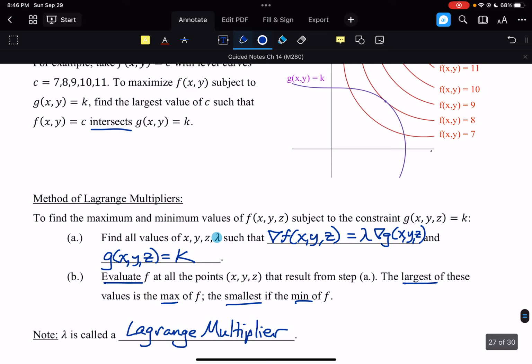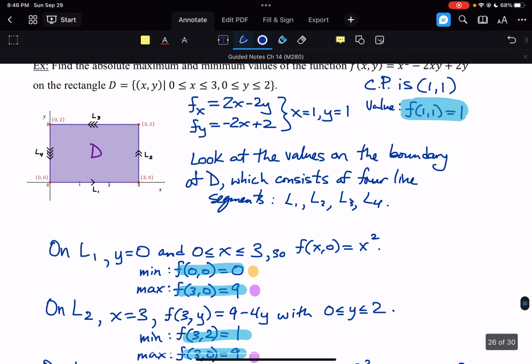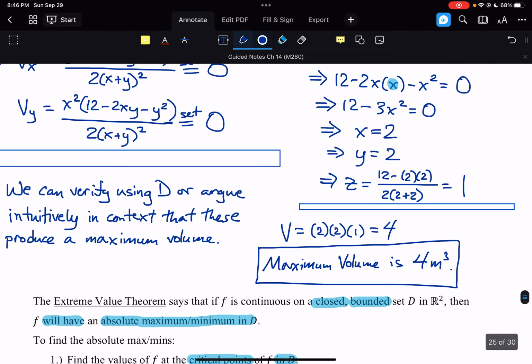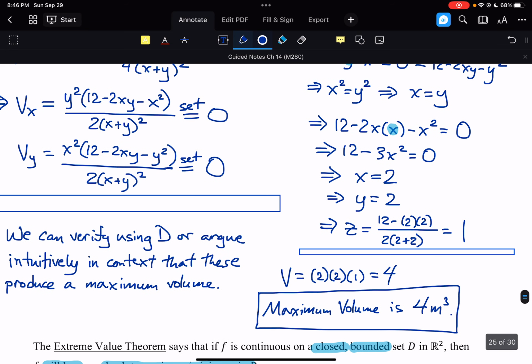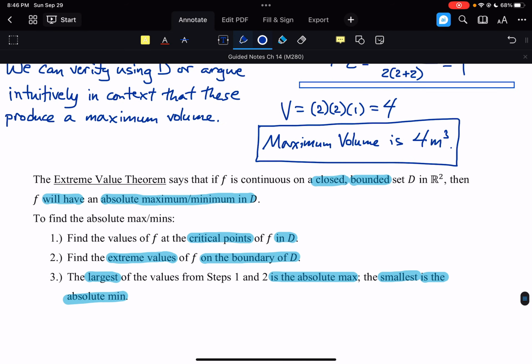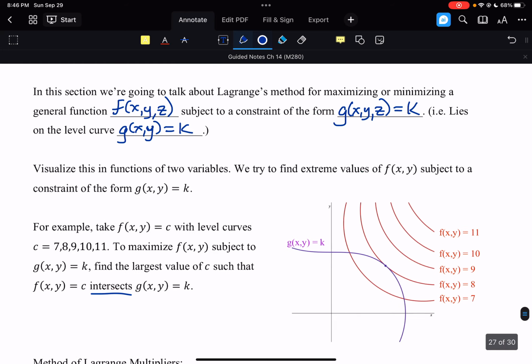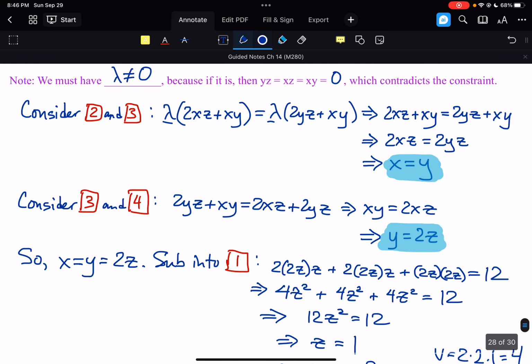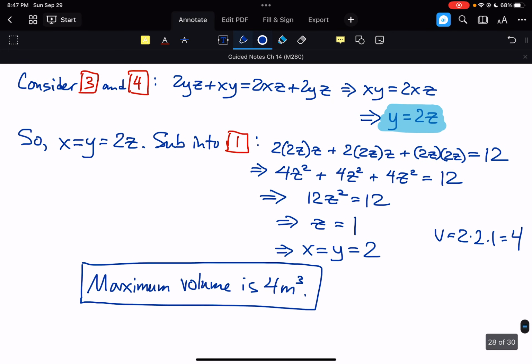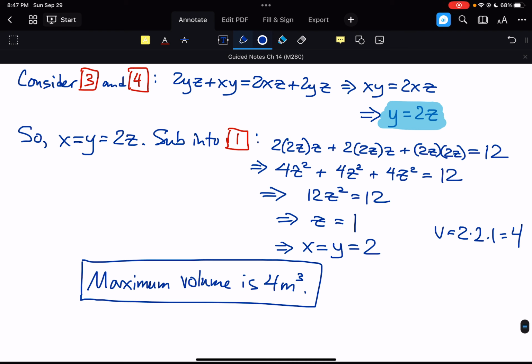If we refer back to the last time we did this example, we got it right there. Maximum volume of 4 cubic meters. So this is the method of Lagrange multipliers.